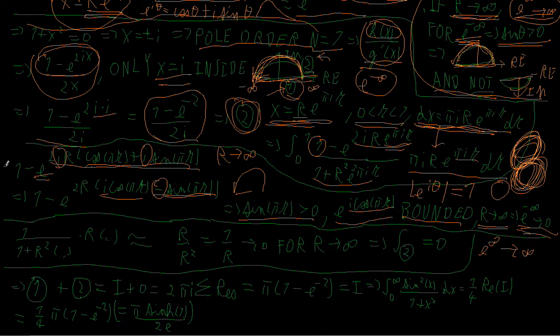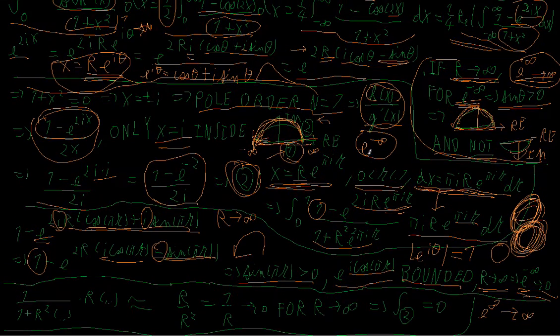But first we also need to prove that the 1 here also vanishes. And for that, remember that in this region here, we substituted dx with pi i r e to the pi i t dt, and also in the denominator we substitute x squared with r squared e to the 2 pi i t, because x is equal to r e to the pi i t.